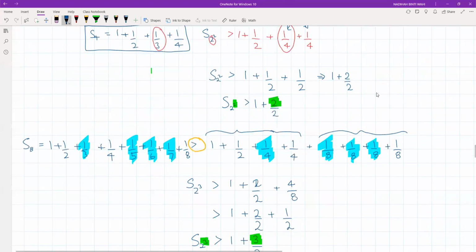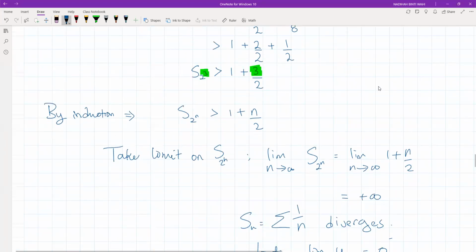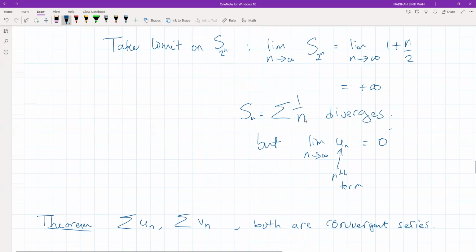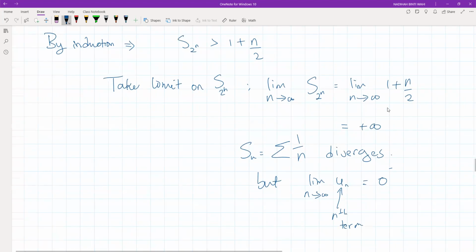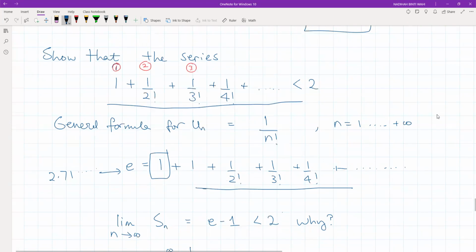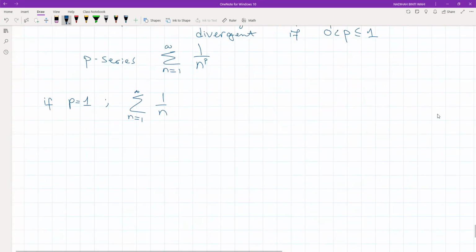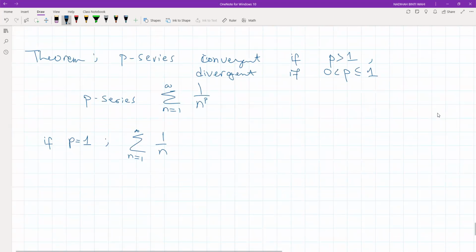So 1 over n to the power of 1 is not converged. You can see that Sn diverge even though the limit of un is 0, because the limit is undefined. Okay, so this one is not converged.